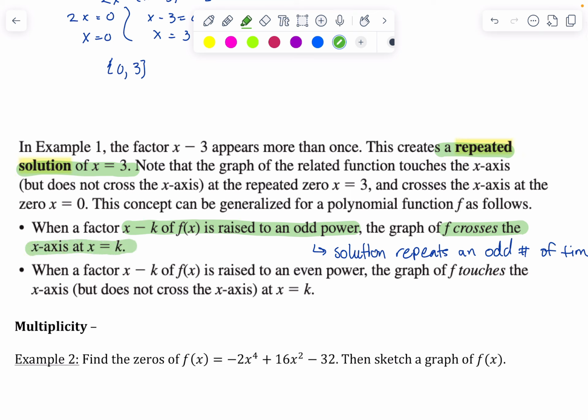Okay? You're going to cross the x-axis at, let's write it as an ordered pair, k comma 0.